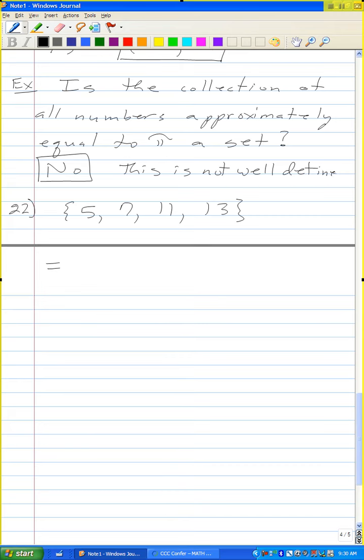Since I said it's a collection of objects approximately equal to pi, and I don't know what approximately means, who knows if 3 is in that set, or 3.14, because I haven't told you what approximately means. And so that's why.